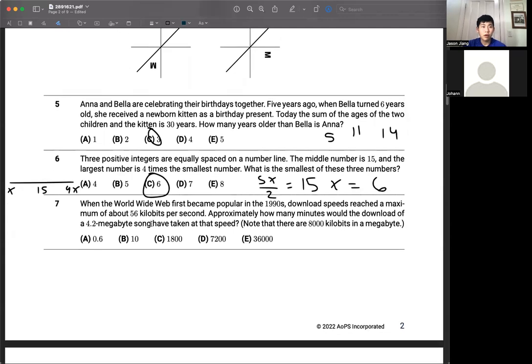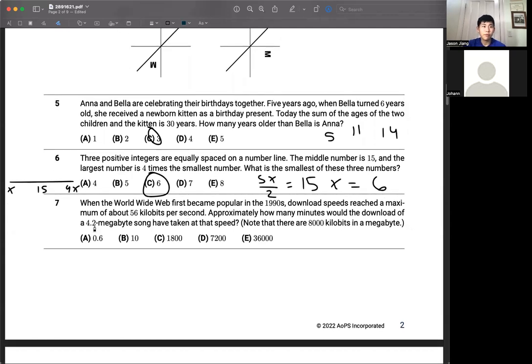So we have how many minutes for a 4.2 megabyte song? So 4.2 megabytes. Now, since there are 8,000 kilobits in a megabyte, we want to know how many kilobits 4.2 megabytes is. Well, we're told that we need to multiply by 8,000.